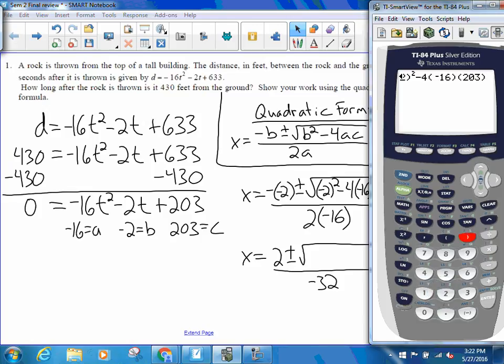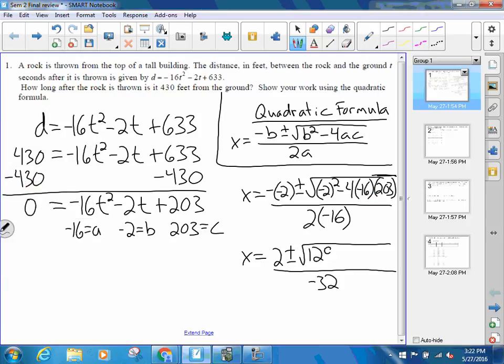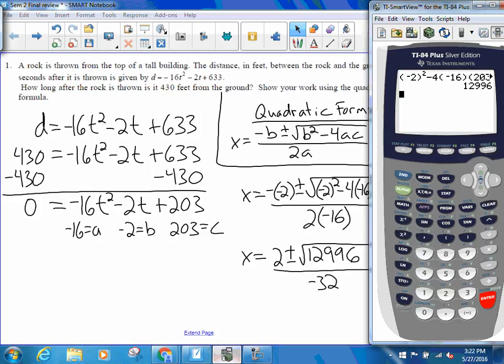So I just type that into my calculator just the way it looks, hit enter, and I get 12,996. So that is what goes under the square root. Now I need to figure out what the square root of 12,996 is. So I go ahead and do that. So second square root, 12,996. And I find out that that's 114.